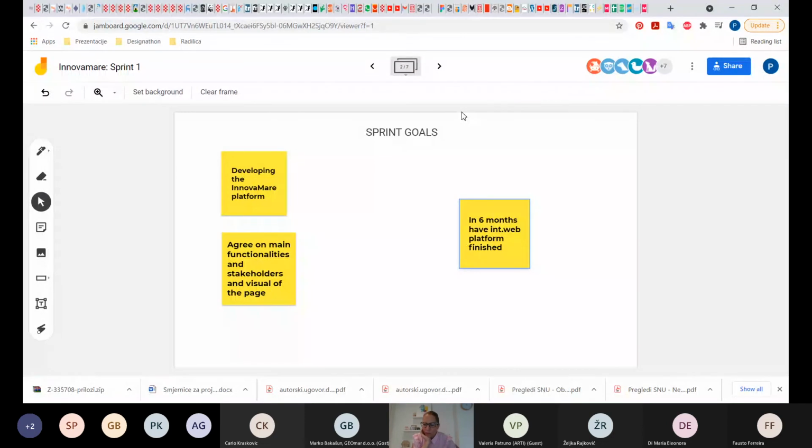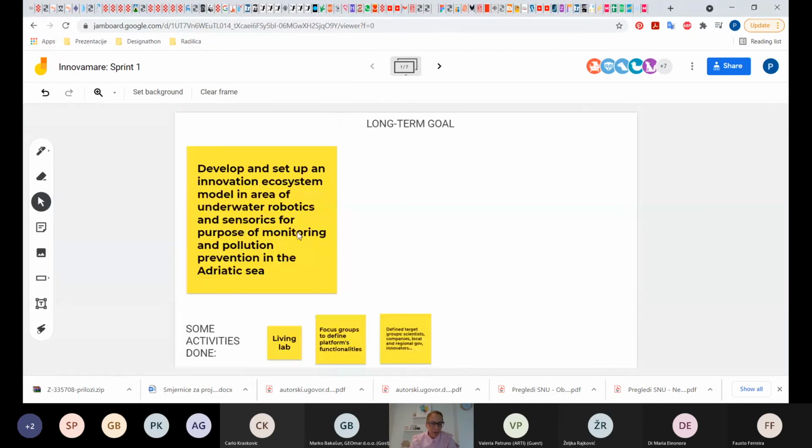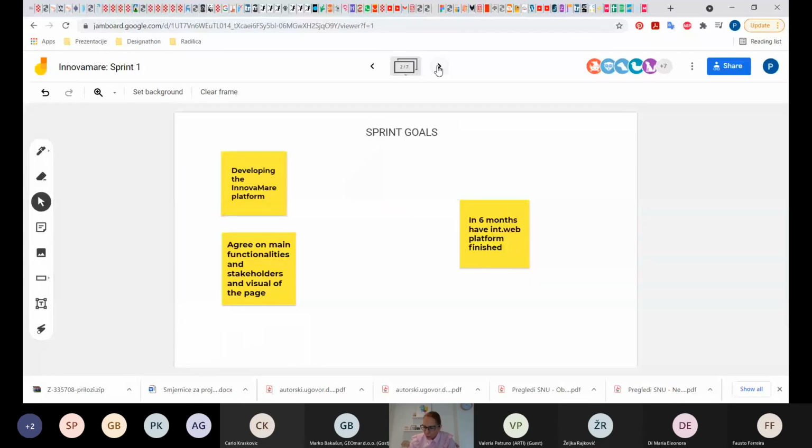So what are the questions that we actually want to answer? And what has to be true to meet our long-term goal? Our long-term goal basically is to develop and set up an innovation ecosystem model in the area of underwater robotics and sensorics. So what has to be true in order to reach this goal?